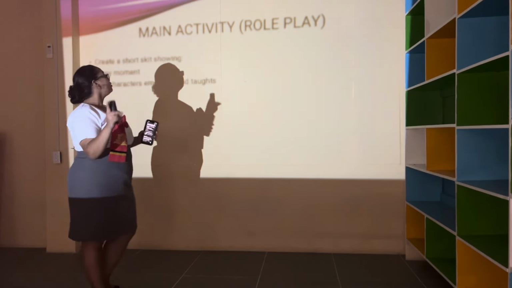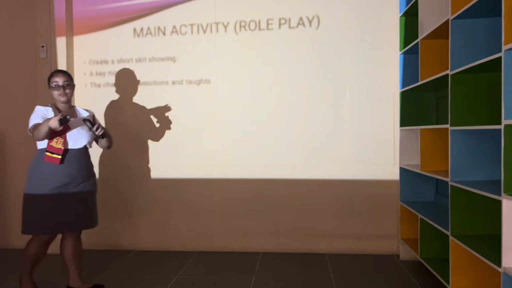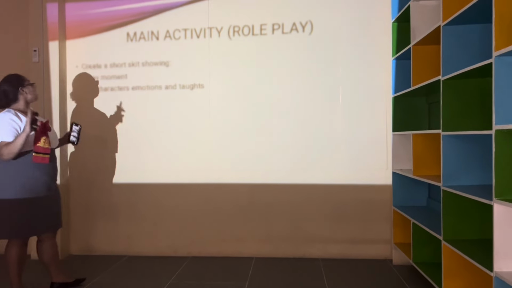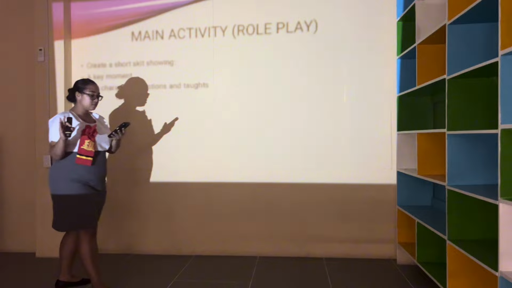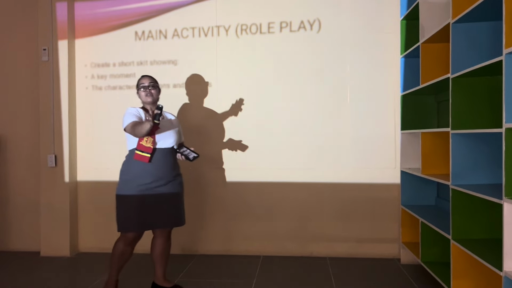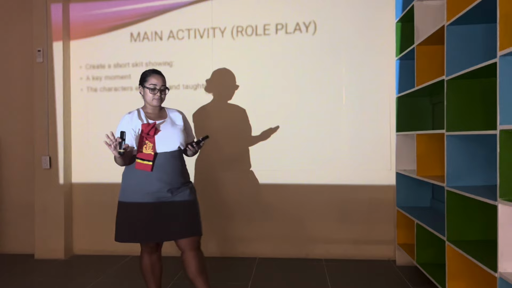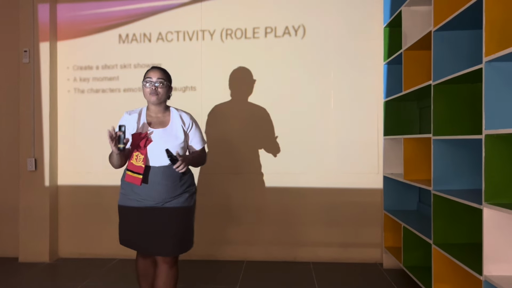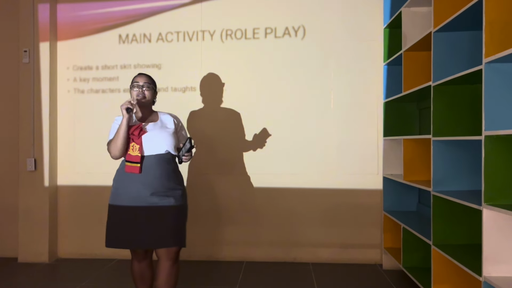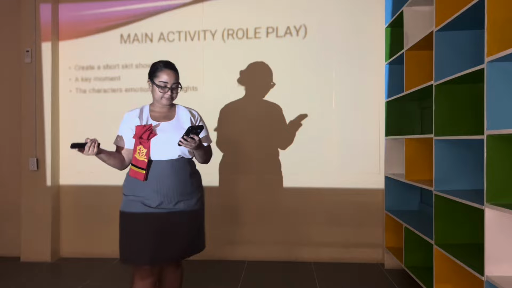Okay, so now we're going to move on to a role play activity. In this activity, we are going to divide ourselves into smaller groups, right? And each group will act out a short scene from the story.